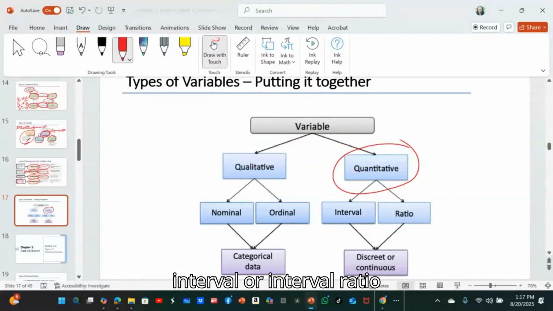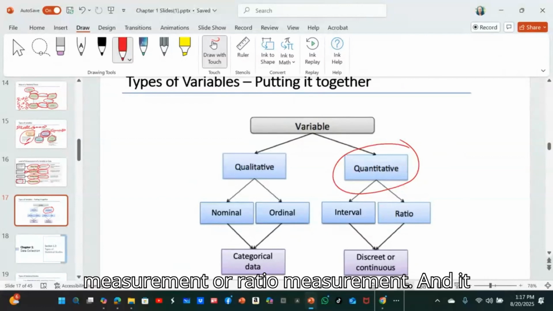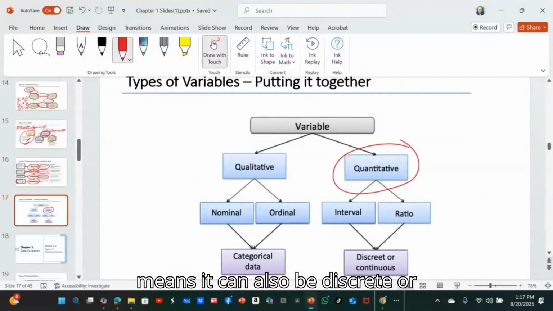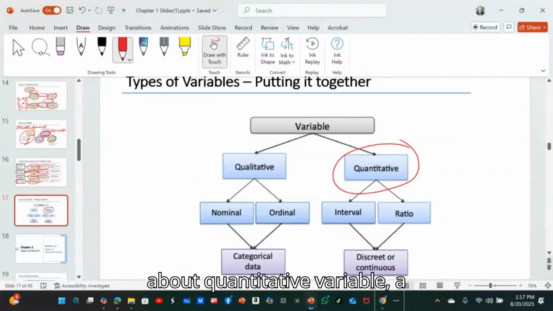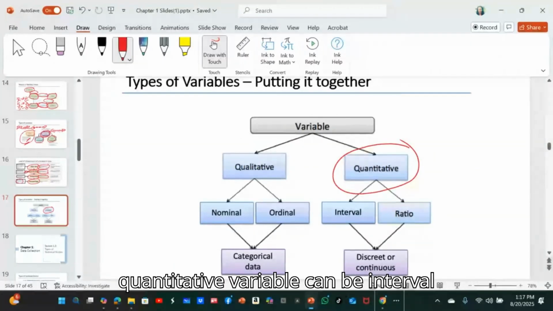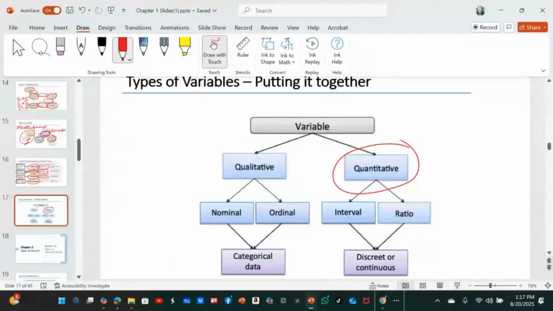It's interval or ratio measurement, and it can also be discrete or continuous.